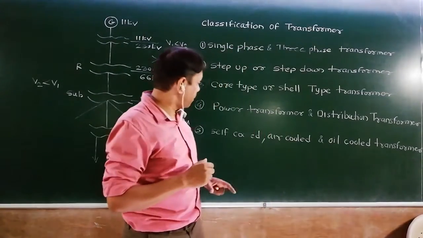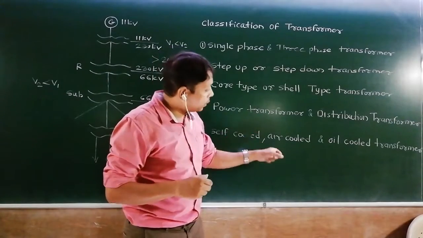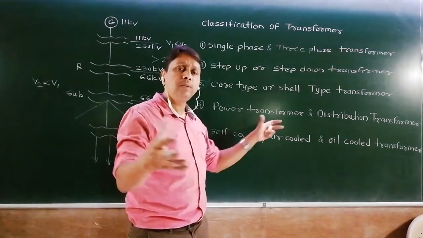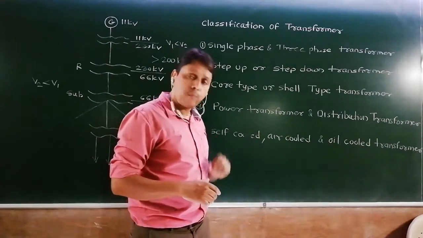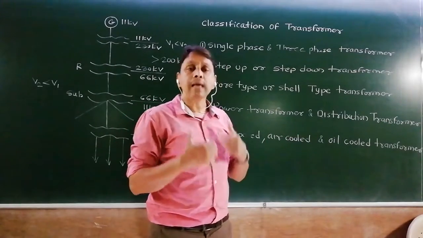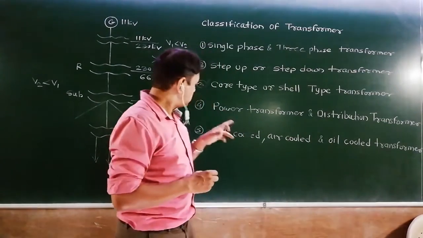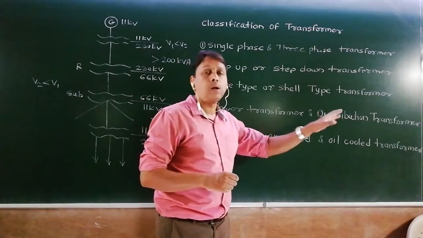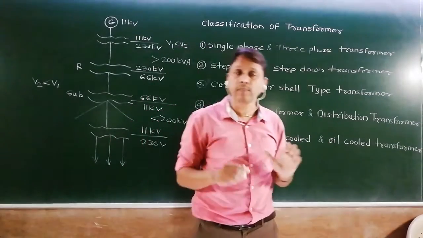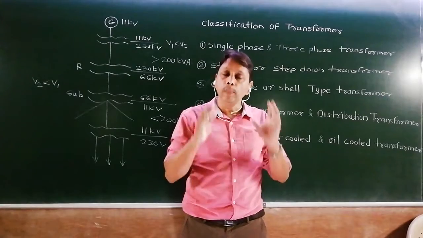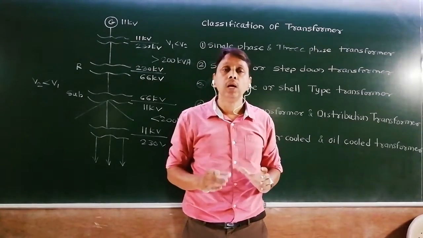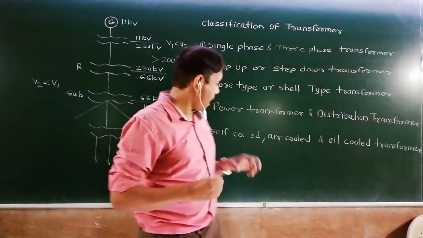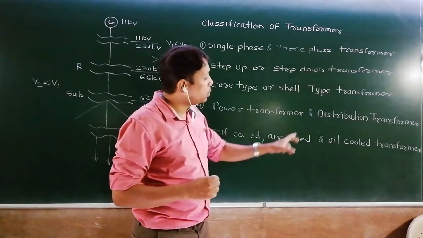That cooling may be self-cooled, air-cooled or oil-cooled. Self means proper ventilation and air flow, or oil is there. Accordingly, depending upon the cooling medium used, a transformer is classified as self-cooled, air-cooled or oil-cooled transformer. Is it clear?